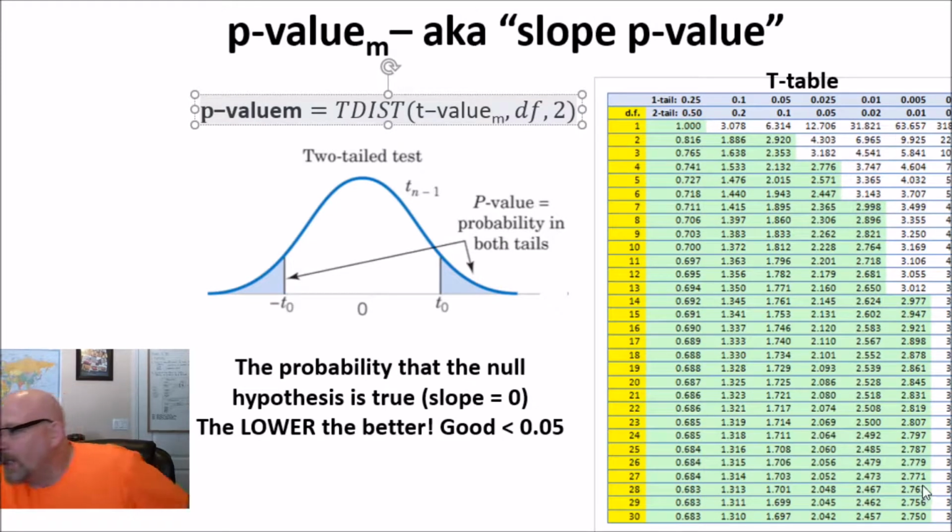And if we go back over here, notice that as the degrees of freedom increase, the t-value goes down. Already here, our t-value was 3.19 from the spreadsheet. Here it's already lower at 30 degrees of freedom, and I need to go to 82.